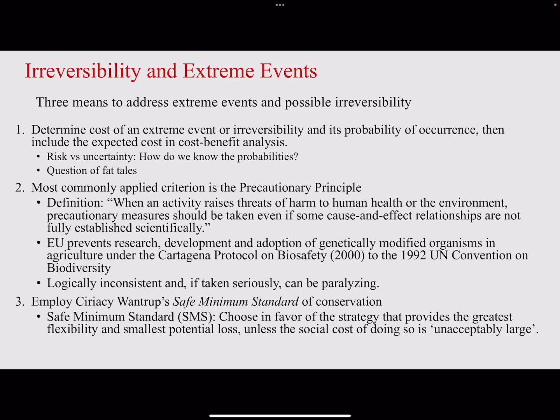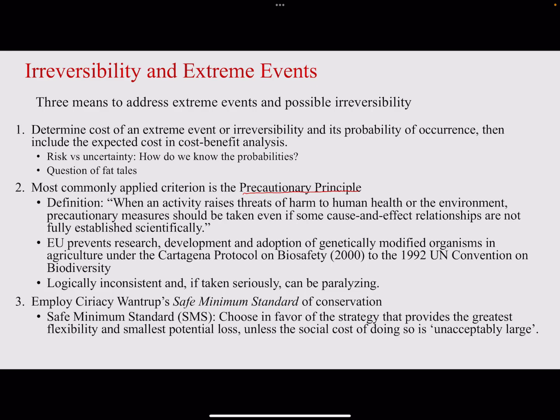The most commonly applied criterion is the precautionary principle. The precautionary principle is defined as follows. When an activity raises threats of harm to human health or the environment, precautionary measures should be taken even if some cause and effect relationships are not fully established scientifically.